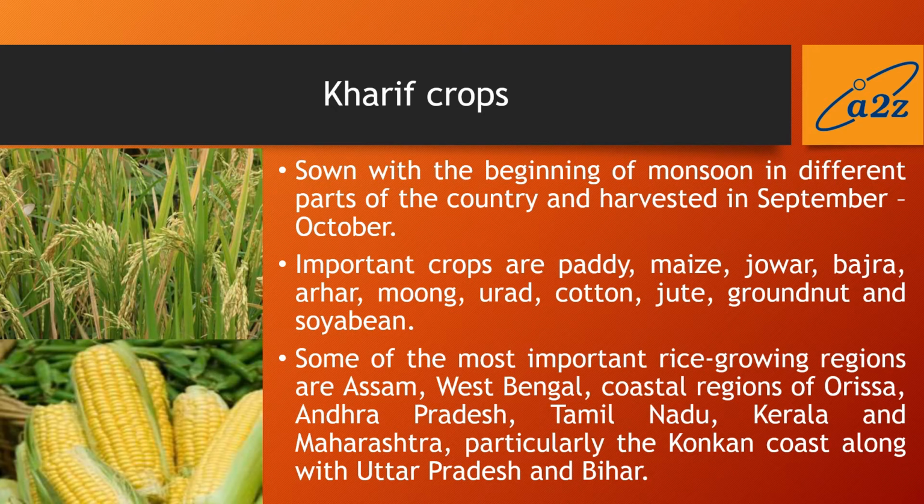Some of the most important rice growing regions are Assam, West Bengal, coastal region of Orissa, Andhra Pradesh, Tamil Nadu, Kerala and Maharashtra, particularly the Konkan coast along with Uttar Pradesh and Bihar.